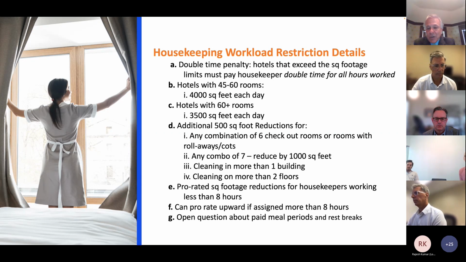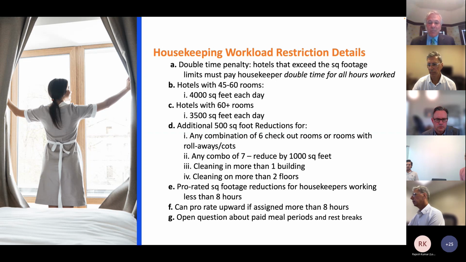or outside counsel because there's an ambiguity and it really is an issue of risk tolerance. And that is, how do you treat paid meal periods and rest breaks? So if your employee is scheduled for 8 hours, they have 2 rest breaks by statute that are paid, but they're obviously not working during those rest breaks.